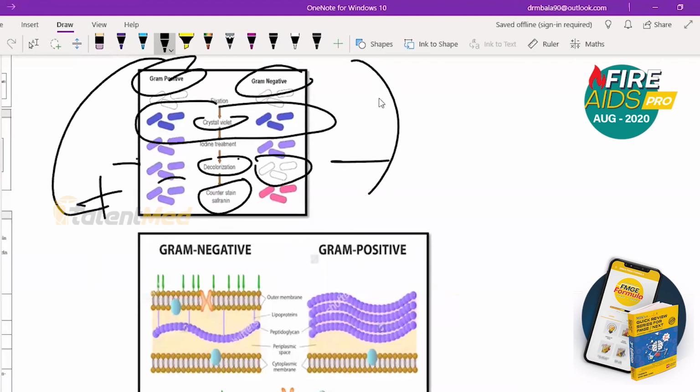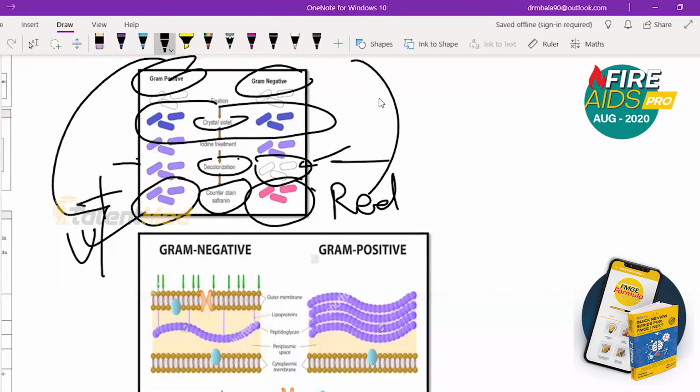Since gram positive did not lose its color, it retains the violet or blue color, whereas gram negative is colorless for the meantime, so it picks up the safranin dye. So at the end gram negative is safranin or red in color, whereas gram positive is almost violet to blue in color. So this is how it is.